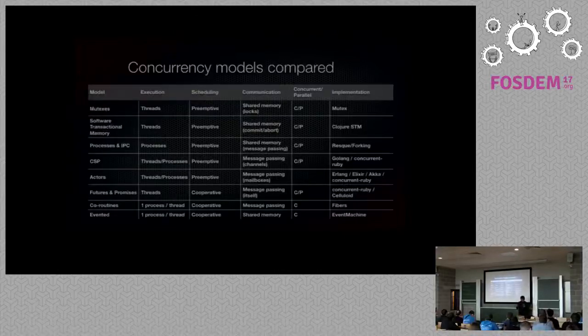This is a table which compares different concurrency models. We have mutexes, software transactional memory, processes and IPC, CSP, actors, futures and promises, coroutines, evented. For mutexes, the execution model is thread. Scheduling is preemptive scheduling. So what is preemptive scheduling?